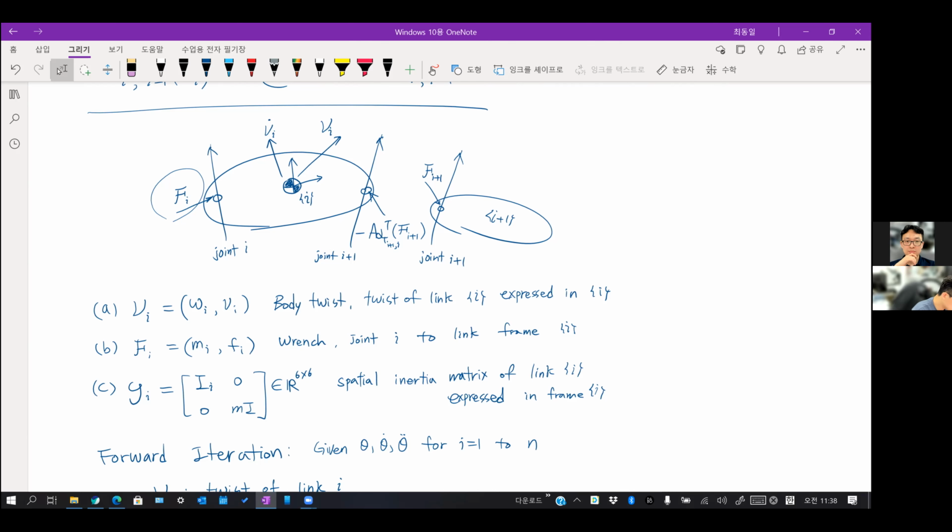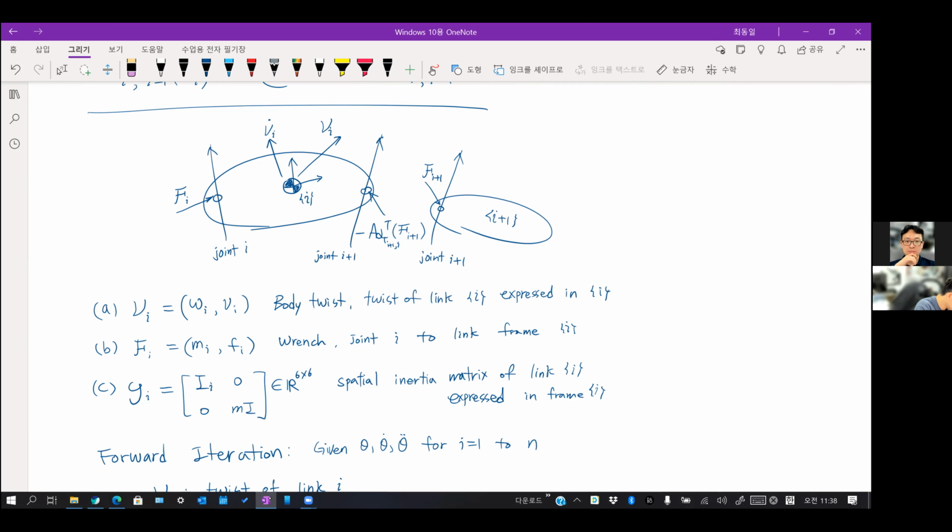So let me think about the i link and i plus 1 link here. In the i link, there is a wrench from i minus 1.